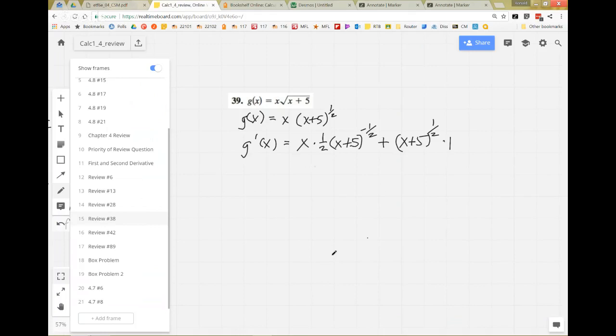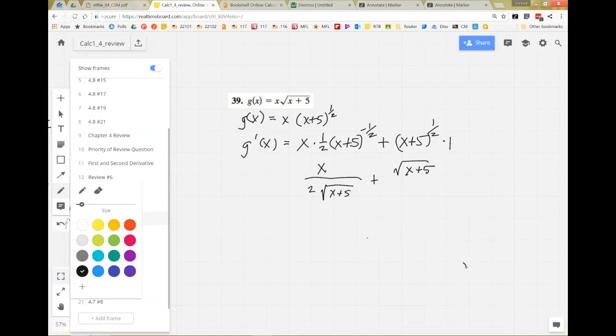So we've got x on the top, we've got a 2 on the bottom, and we have an x plus 5 to the 1/2 on the bottom. Over here, we have the square root of x plus 5 on the top. Okay, before we do the second derivative, I would get a common denominator. So in other words, I would like to have the denominators be the same.